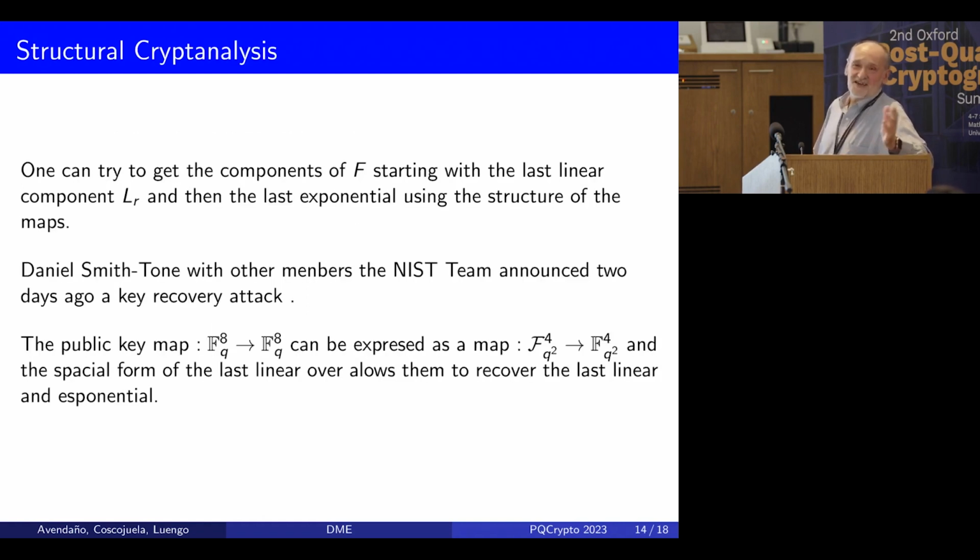As I said, I prepared this talk about one week ago, but of course I have to change this slide, because structural cryptanalysis means that you have a public key that is a composition of F and L, a linear and a non-linear part, and one can try to find the last linear map, that is L_R, and then go back.